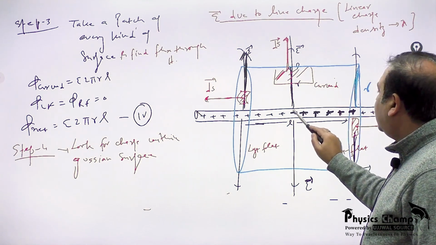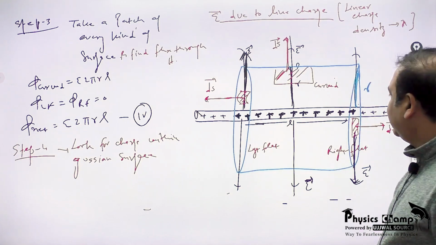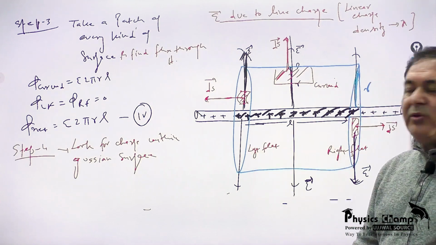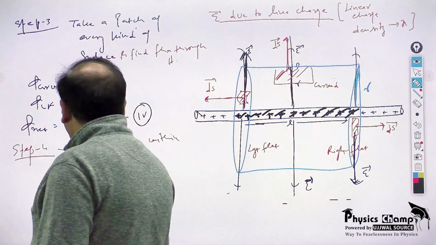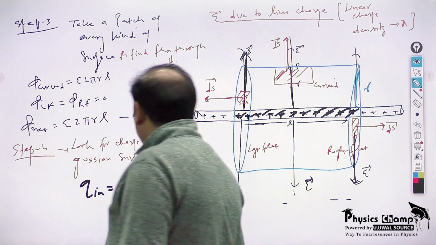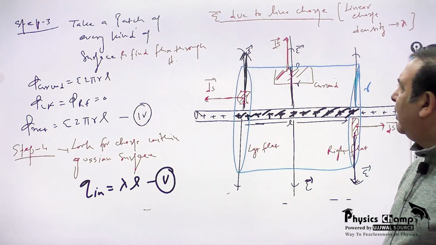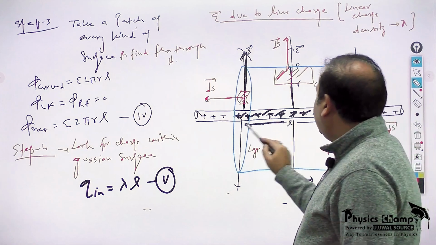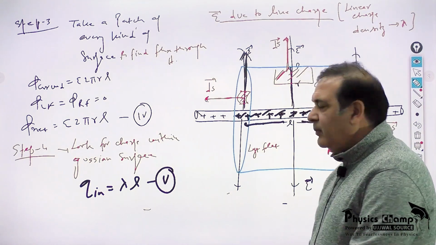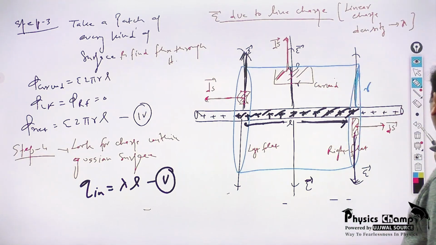The outside charge of the rod has no impact on the net flux. Can I say the charge inside is lambda into L? If the linear charge density is lambda and the length here is L, then the charge inside is lambda L. And then finally apply Gauss theorem.